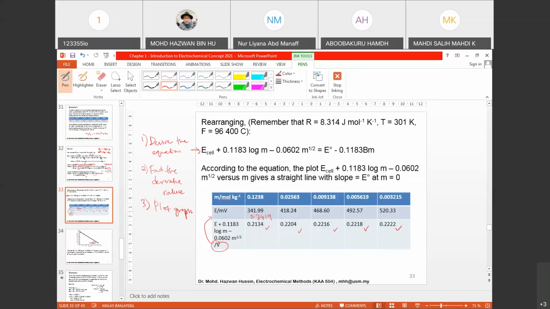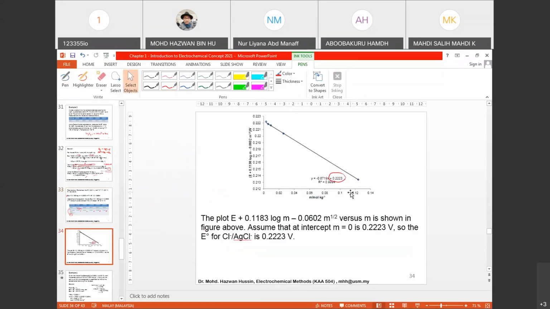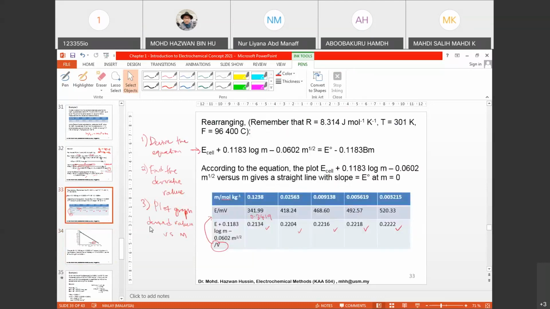And third, you will plot a graph. What kind of graph you need to plot is basically the derived value versus concentration, m. Then you'll get this. After you get this, what you need to do next is find the linear equation values.